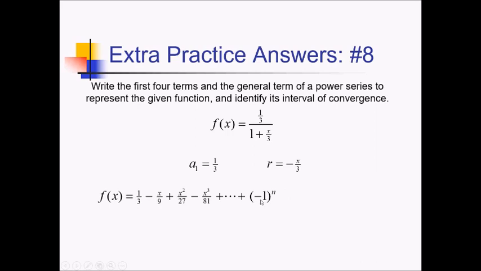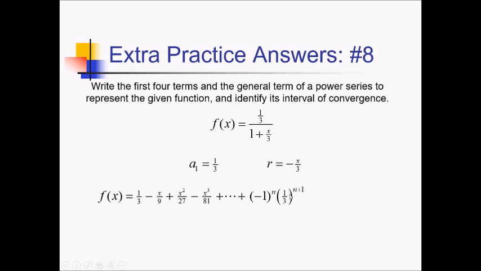Other things I'm multiplying by each time: in addition to negative 1, I'm also multiplying by 1/3 because I'm dividing by 3 every single time. So I'm going to have a 1/3 to some power. Since I have a 1/3 in my first term, that means I want to have 1/3 to the first power for my first term. To get 1/3 to the first power, I have to write 1/3 to the n plus 1.